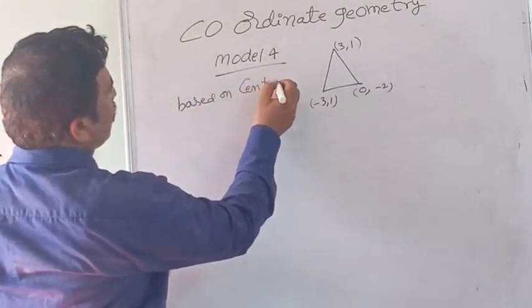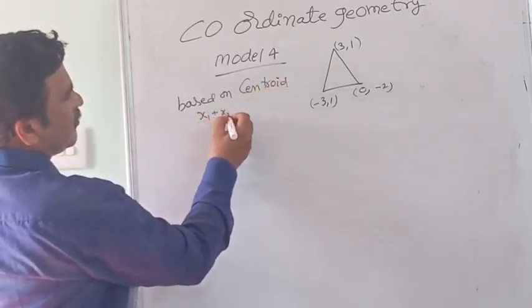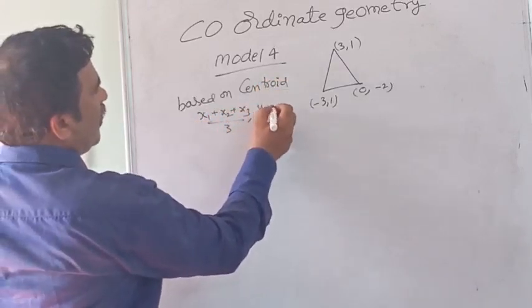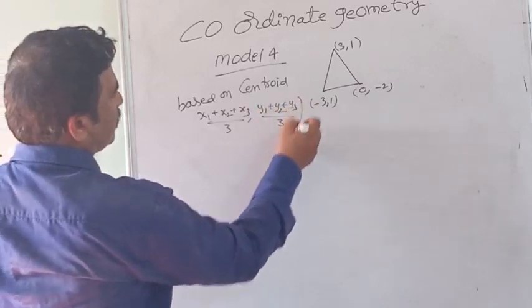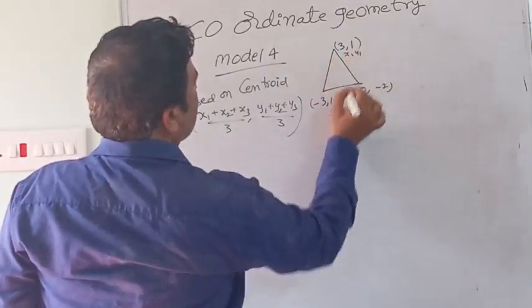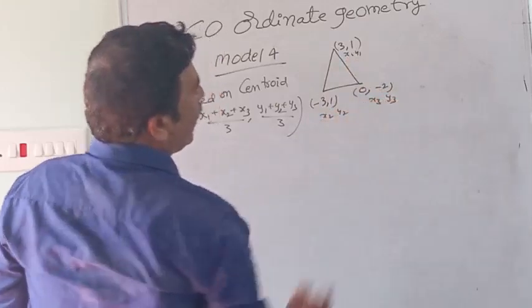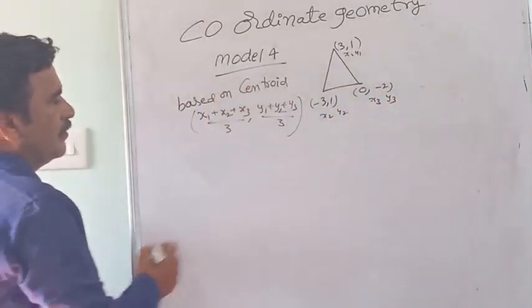Okay. Now model 4 based on the centroid formula. We know the centroid formula is x1 plus x2 plus x3 by 3, y1 plus y2 plus y3 by 3. Assume this as x1, y1, this as x2, y2, this as x3, y3. The data given is 3 points. Find the centroid.